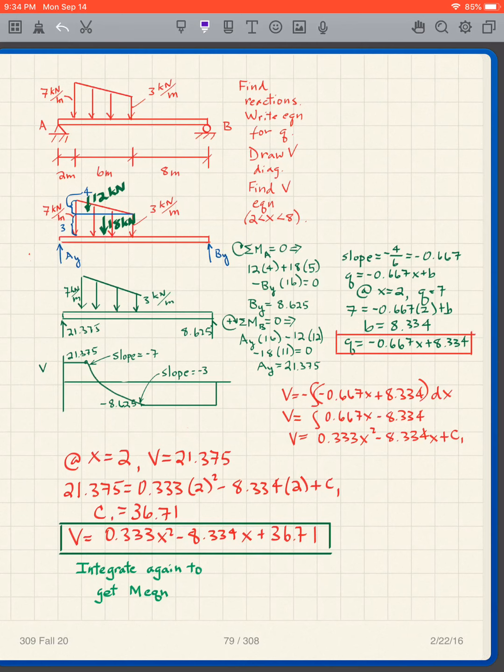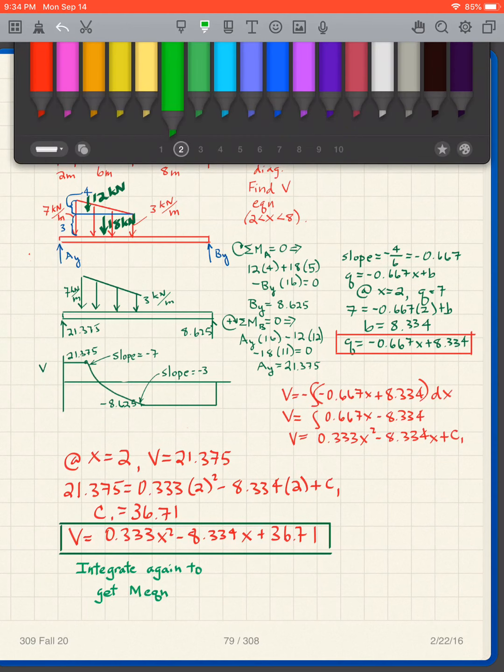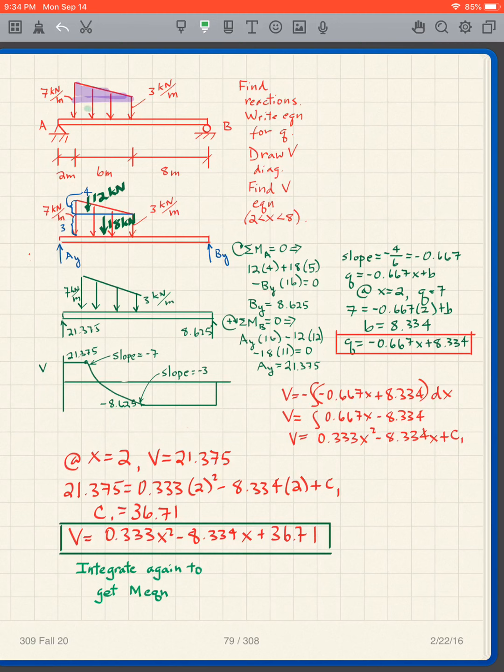Well, okay, I forgot to do the reactions for you, so I'm not going to dwell on it because you should be able to do that. I break it up into a triangle there and a rectangle down here.